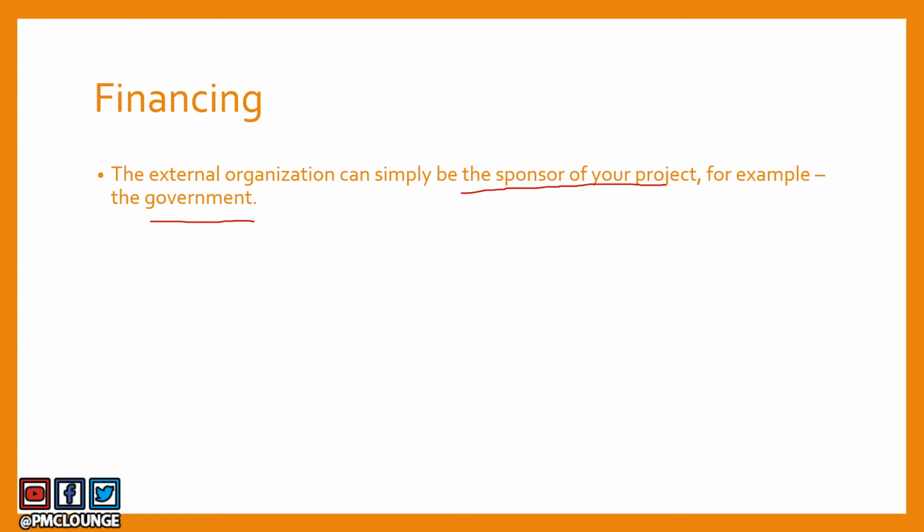This is not your typical internal sponsor. The sponsor of the project is the government, which is an external organization, and you are going to construct that bridge, and the product of your project, which is that bridge, is something that you're going to hand over to the government, right?